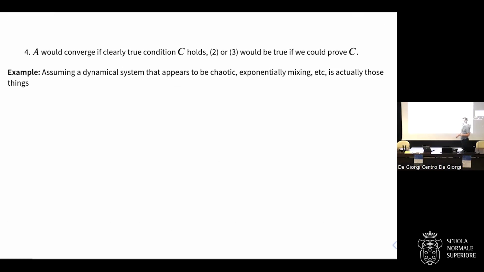If you're looking at stuff that isn't necessarily hyperbolic, or rather isn't necessarily uniformly hyperbolic, then you start to rely on this kind of thing. Often there's something we can absolutely see is true, but we just don't know how to prove it.